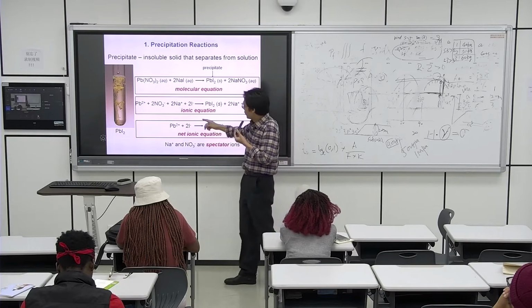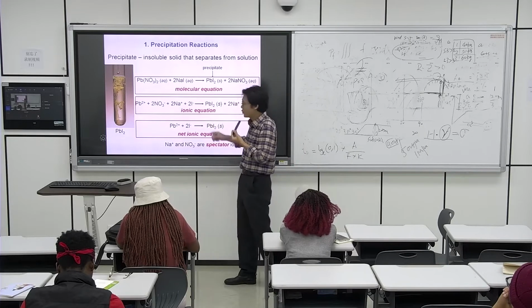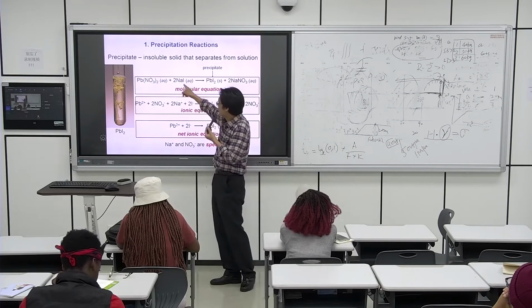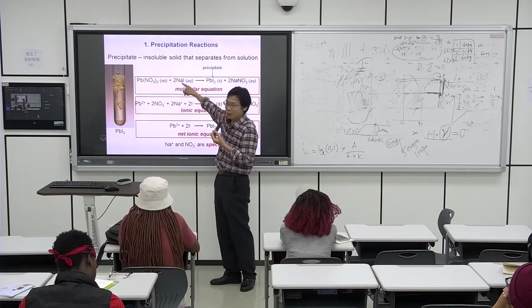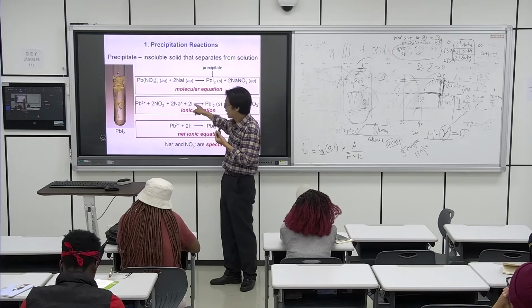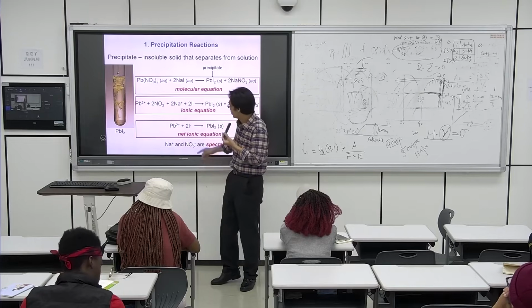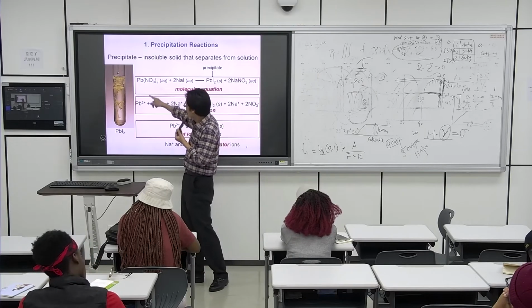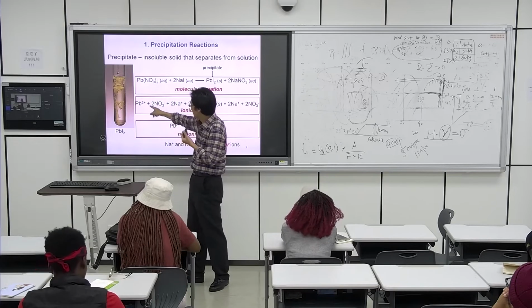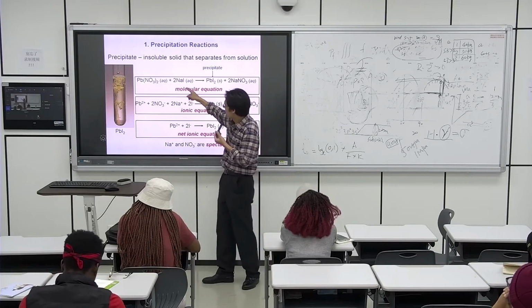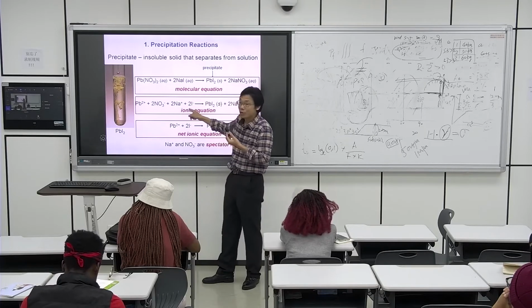And we can also use the ionic equation. Ionic equation means, for example, in water, in fact, they are not these molecules, right? They will become sodium cations and anions. So all these substances in water solution become ions, and the reactants also become ions in water solution.